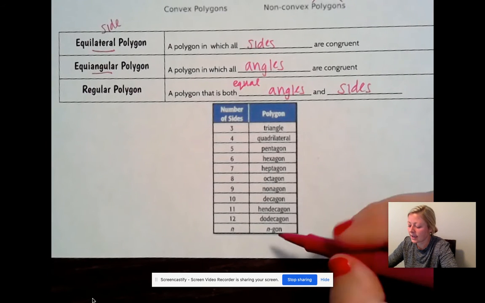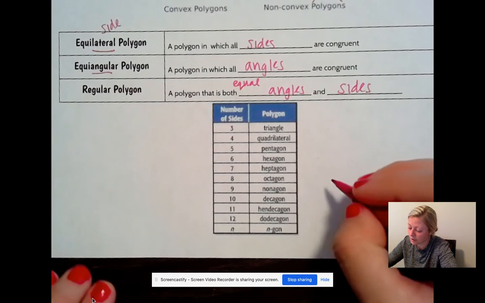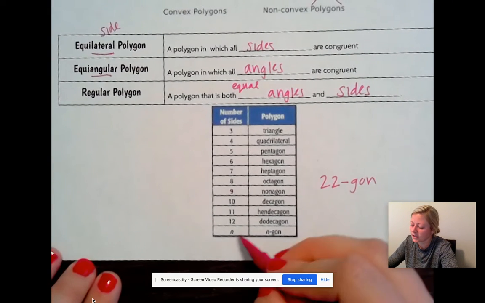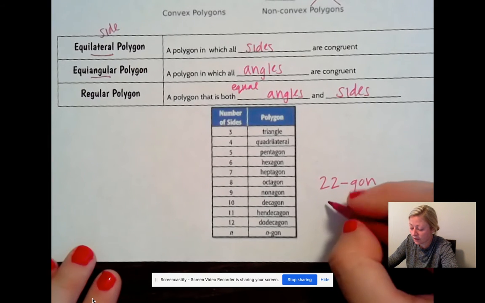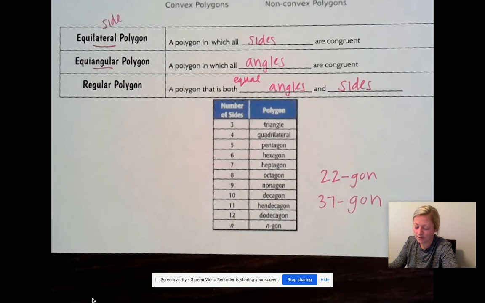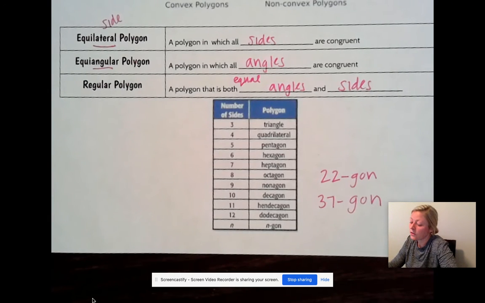So if I had a 22-sided figure, it'd be called a 22-gon. Whatever the number of sides, you throw that number and then the word gon. Like a 37-sided figure, 37-gon. Does that make sense? We rarely talk about these because who's ever seen a 37-sided figure? I don't think I have. But if I did, I would know how to name it.